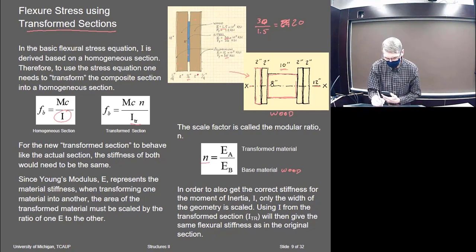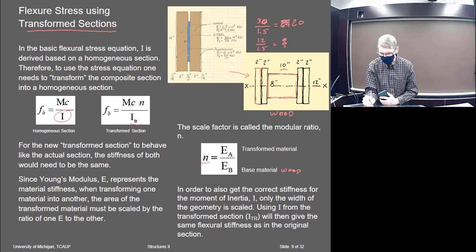And the other one, aluminum, let's see if I can get the right number now. That's 12. So it would be 12 divided by 1.5 equals 8.